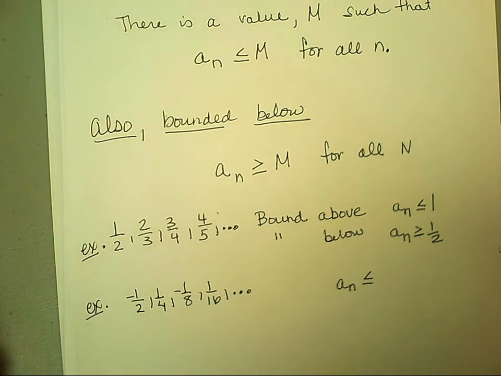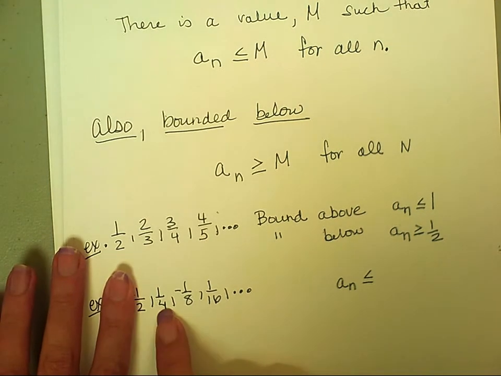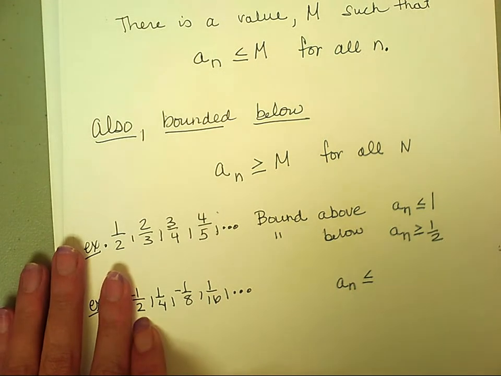So let's think about this in terms of if everything was positive. If we had +1/2 and then +1/4 and then +1/8, etc., then the largest number would be 1/2.